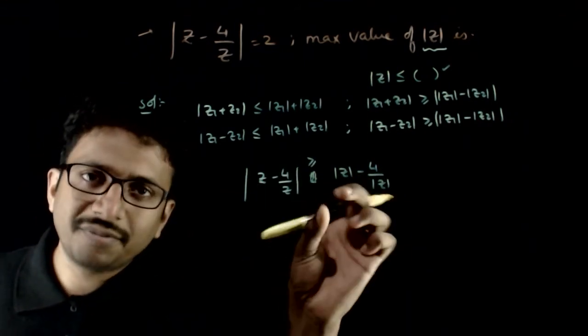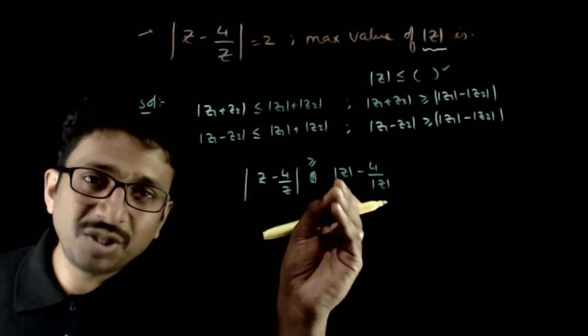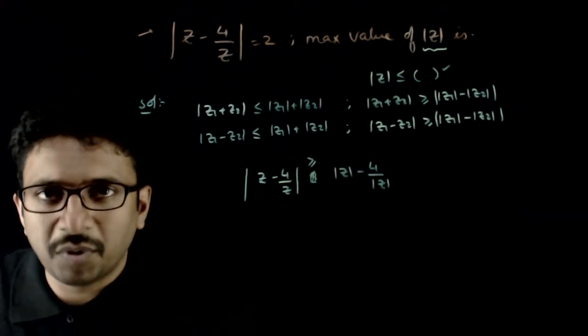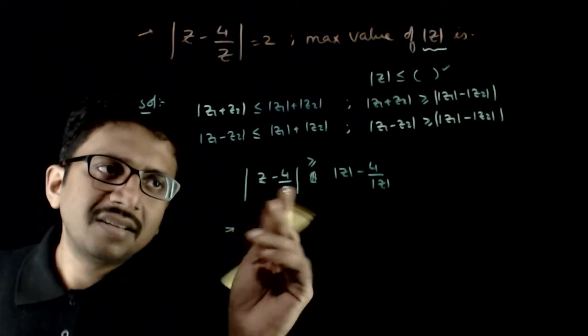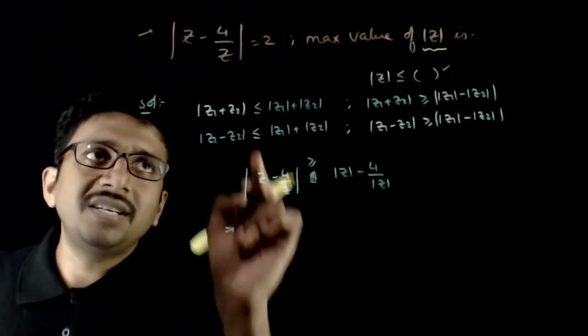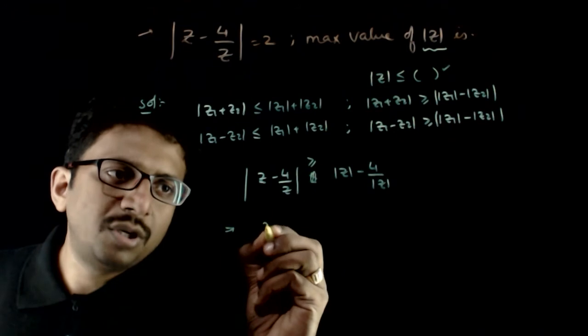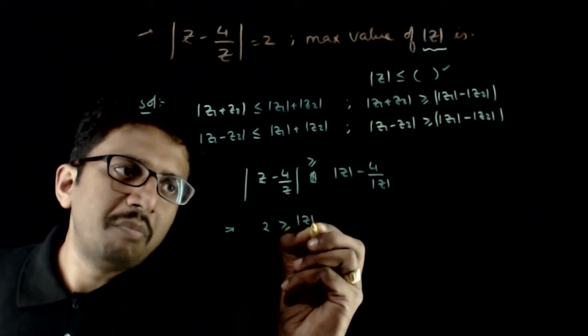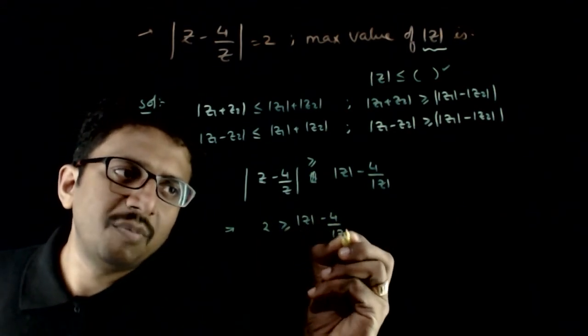So I can use the reverse also. I am assuming that mod z is greater than 4 by mod z. So this implies, since mod of z minus 4 by z is equal to 2, 2 is greater than or equal to mod z minus 4 by mod z.